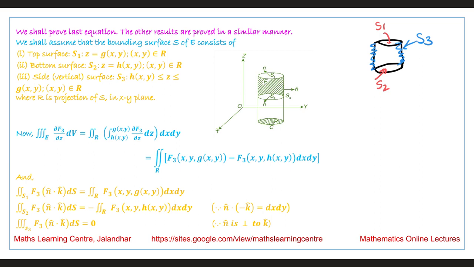The top surface S1 is z equal to g of x comma y, the bottom surface S2 is z equal to h of x comma y, and on the surface S3 the value of z is bounded between h and g of x y.